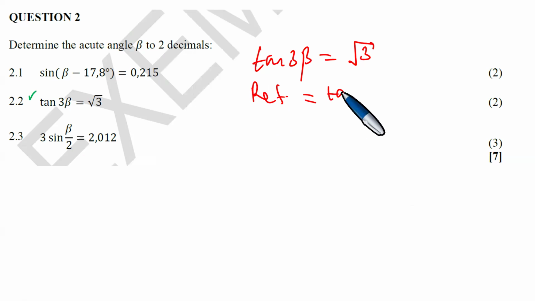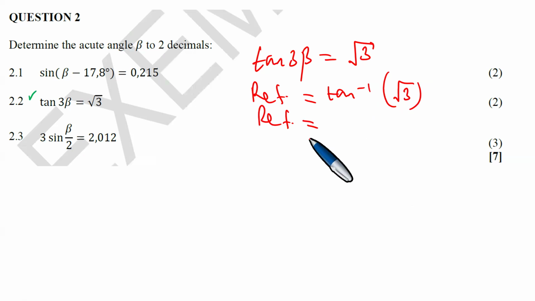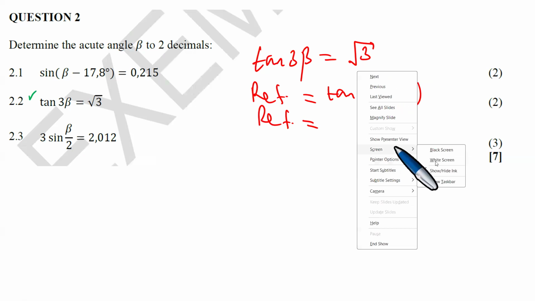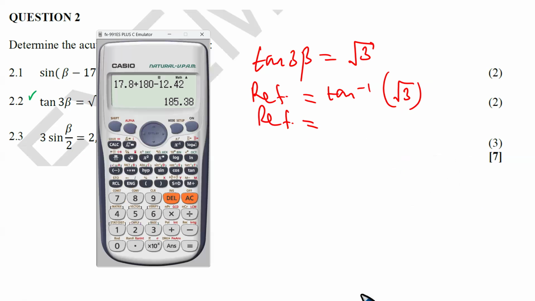And the reference angle is arctangent of the square root of 3, and we get the answer. And so this is going to be, for example, shift tan of the square root of 3. You close. Okay. That's interesting.